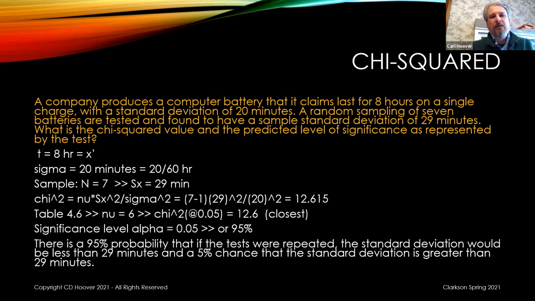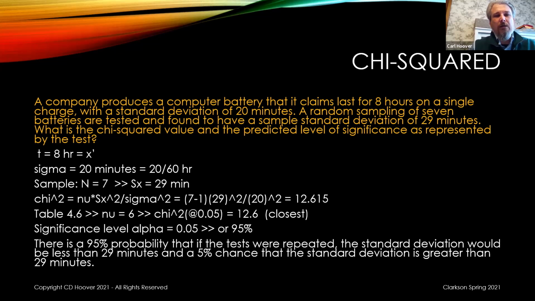What is the chi-squared value and the predicted level of significance as represented by the test? So the time of 8 hours is our mean, okay, and the standard deviation is 20 minutes. So that's 20 over 60 hours.